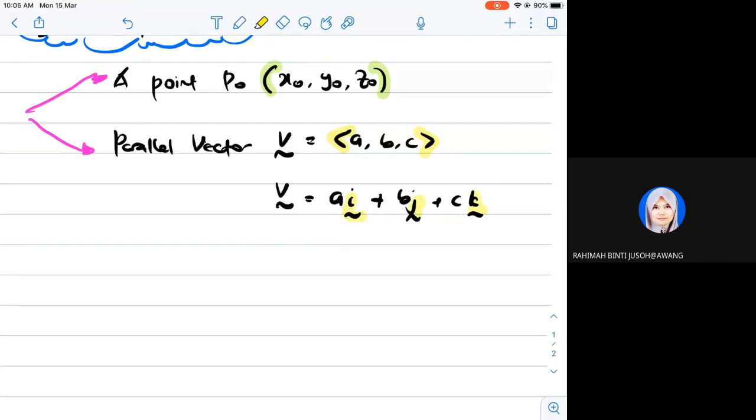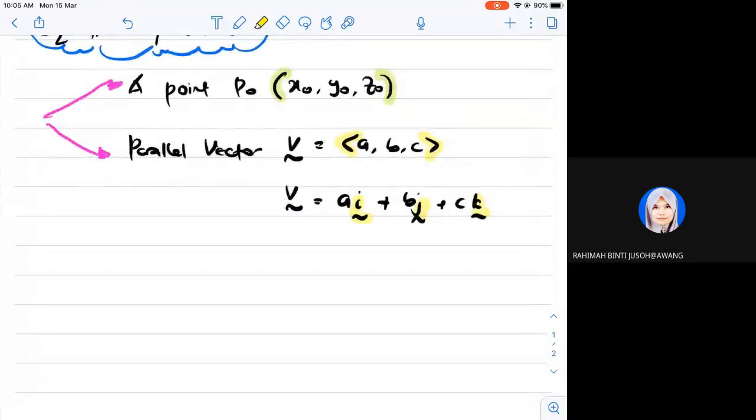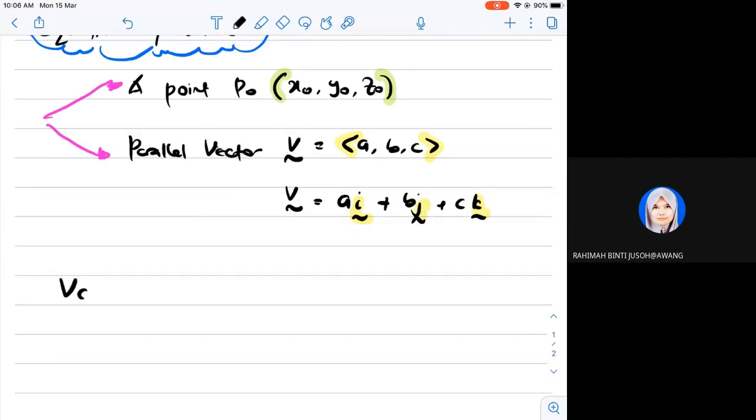Okay. So now, the first one for equation of line, we have vector equation of line. Okay, vector equation of line. We will have R equals to R0 plus VT.